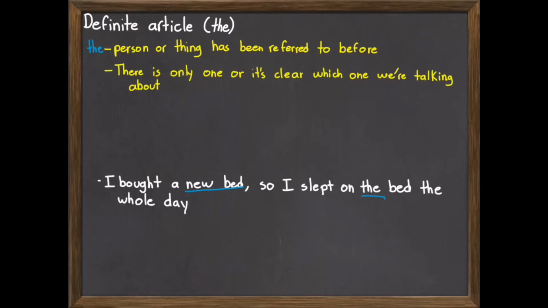We also use the when there is only one thing or it's clear which one we're talking about. What does this mean? Well, for example, my parents met the Queen once. The Queen. Which Queen are we talking about? Well, we're probably talking about the Queen of England. The Queen, because there is only one.